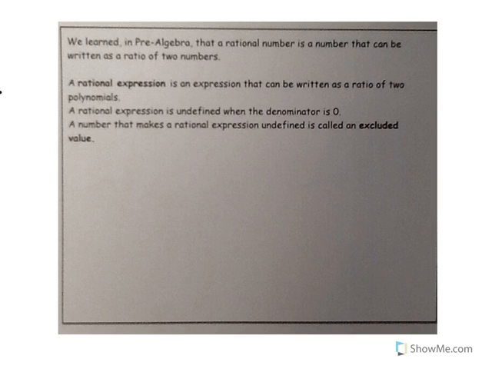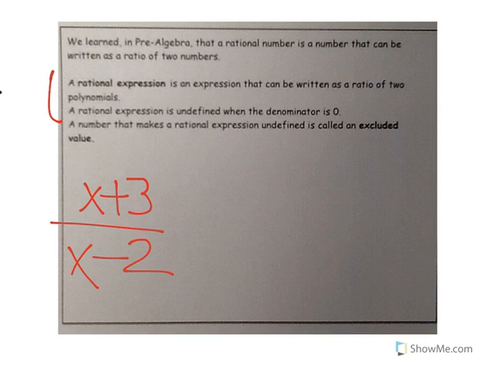Just to remind you, a rational expression is an expression that can be written as the ratio of two polynomials. A rational expression would be like this: x plus 3 over x minus 2. One of the key things to understand about rational expressions is that you can never have a denominator equal to 0.